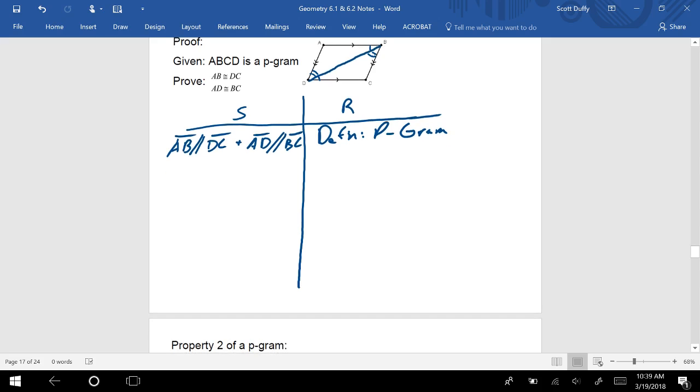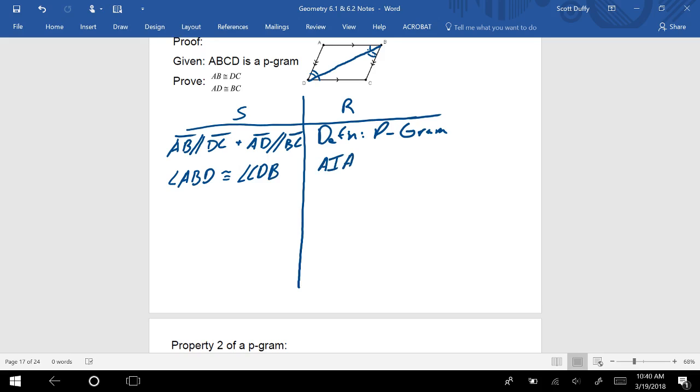So I'm going to say that angle, let's start with this angle right here, ABD, is congruent to its alternate interior angle, which would be this. I call this CDB. And that's because of alternate interior angles.